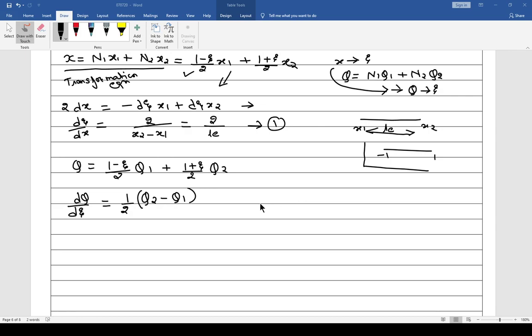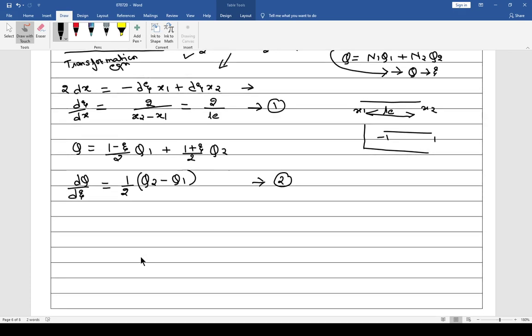So this is my equation number 2. This is what I need to find the strain, because I want dq by dx.